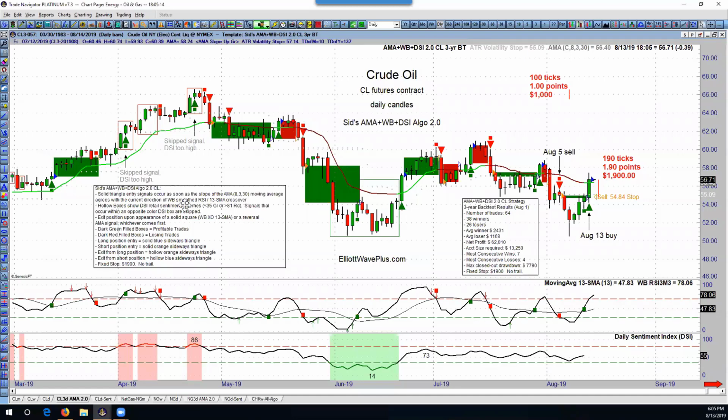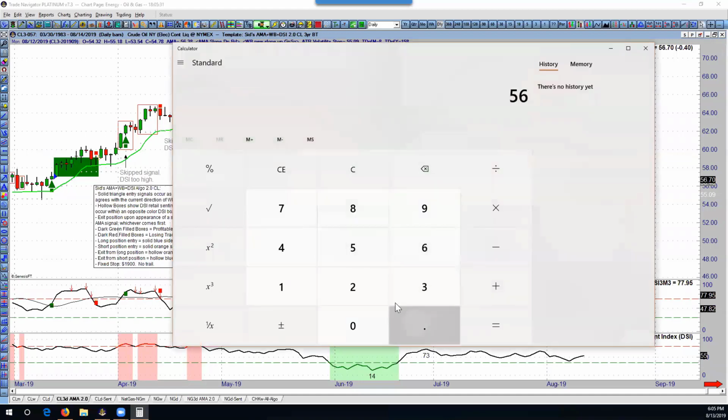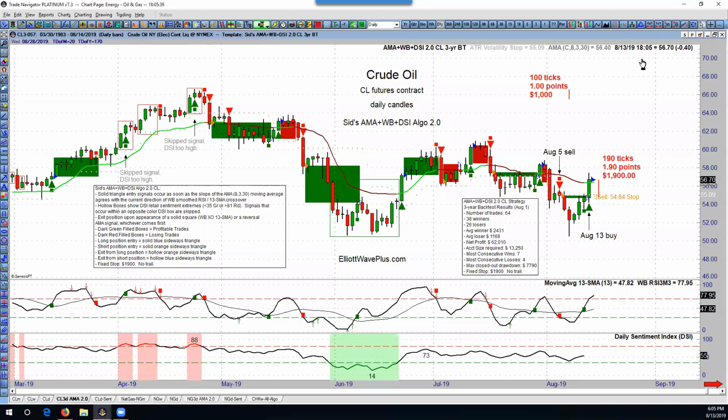So all you have to do is bring up your trusty calculator on crude oil: 56.74 minus $1.90, because I know that's the size of the stop. 54.84 should be where the stop is set, and that's exactly where it's set.